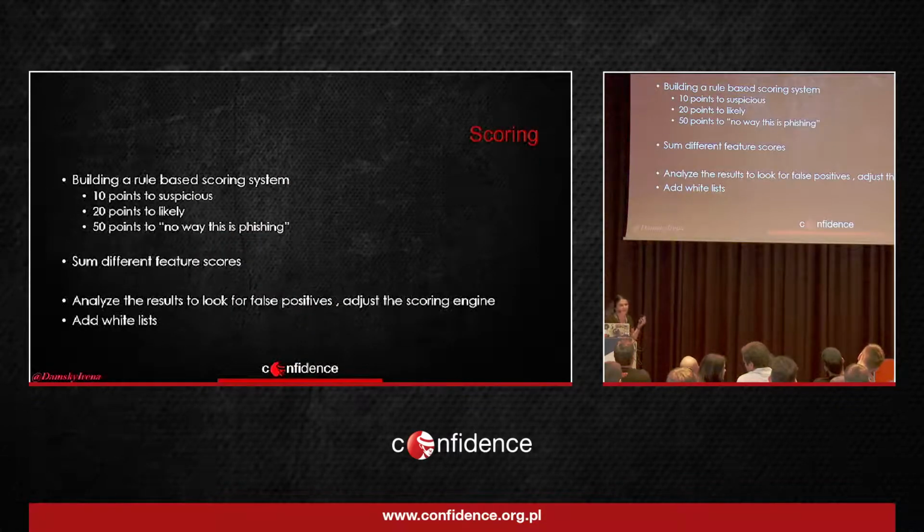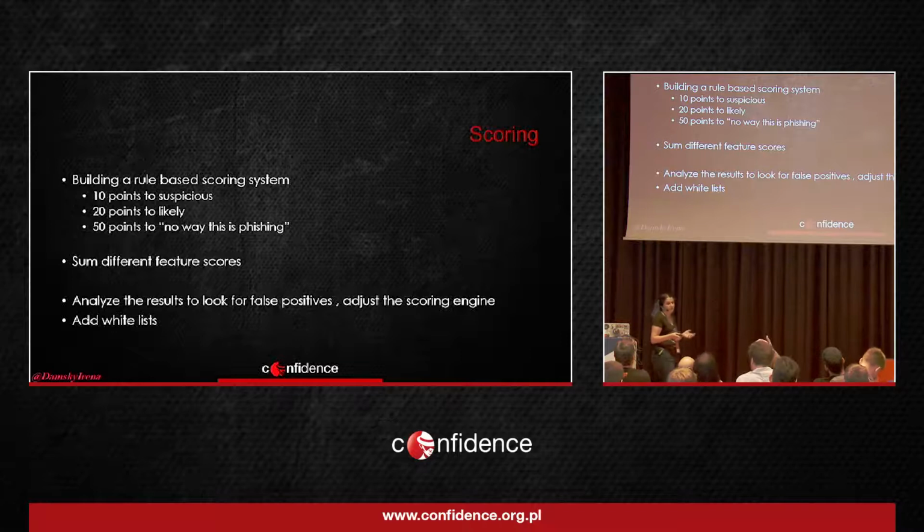Once you get all those scoring features, you should give those some sort of a score. You can give the suspicious like 10 points, the likely you get 20 points. The category of there is no way in hell that's not phishing will get 50. And then you sum those and you get a score, and suddenly you just look at the results and like, yeah, this is phishing.